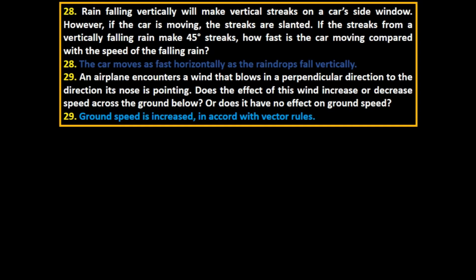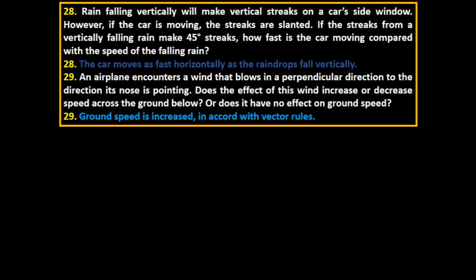Remember, if it's moving perpendicular, those are the two legs, the movement of the airplane and the wind, so the diagonal will be longer than either leg, so the ground speed will be greater, according to the vector rules relative to leg, diagonal.